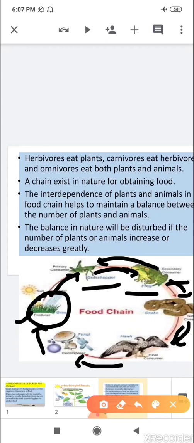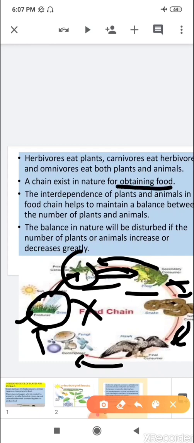How? If there is no plant, then the grasshopper will not get its food, it will die. If it dies, then the secondary consumer will not get its food, so it will also die. So this represents that all the animals therefore depend on plants for their food. So a chain exists in nature for obtaining food.